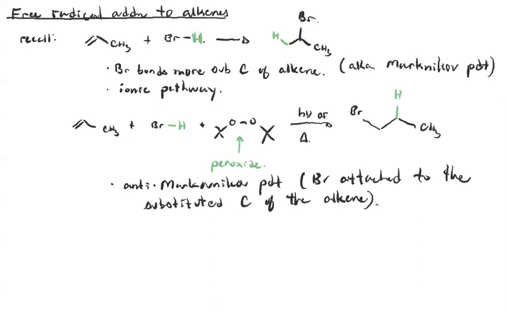So if we change the mechanism, we change the rules by which the system wants to play. And the answer is that this second pathway proceeds by what we call a free radical chain mechanism.